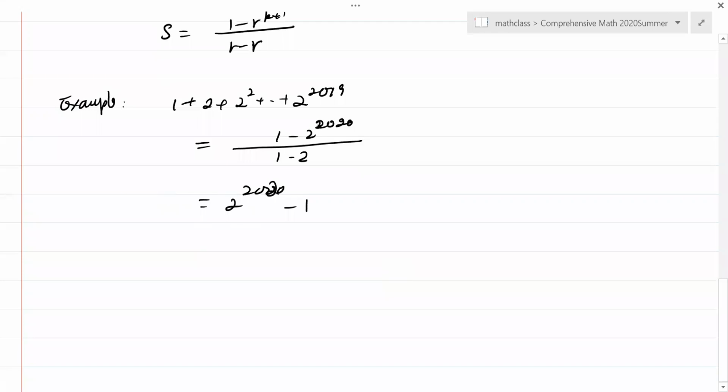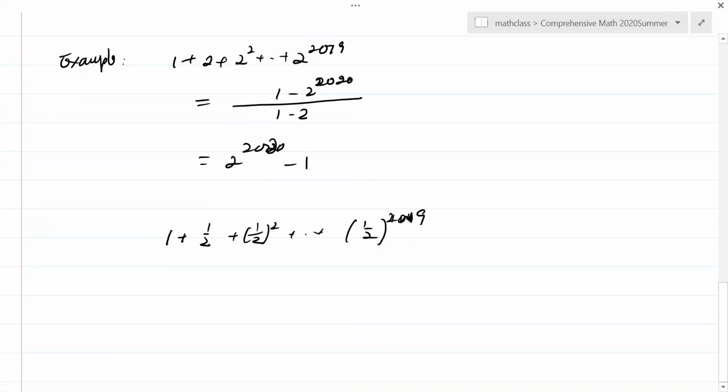Right. Now, how about r being a small number, 1 over 2, 1 over 2 squared, 1 over 2 to the 100, or in 2019. According to the above formula, that is going to be 1 over 1 minus 1, yeah.